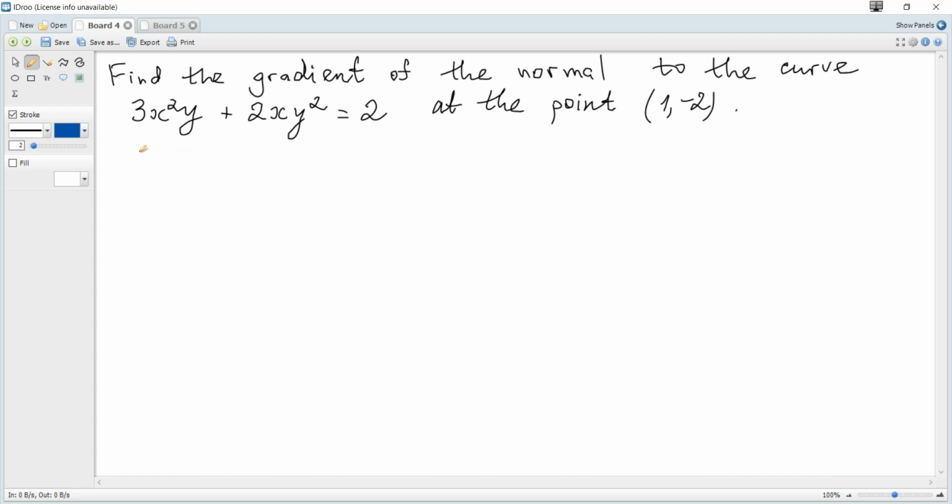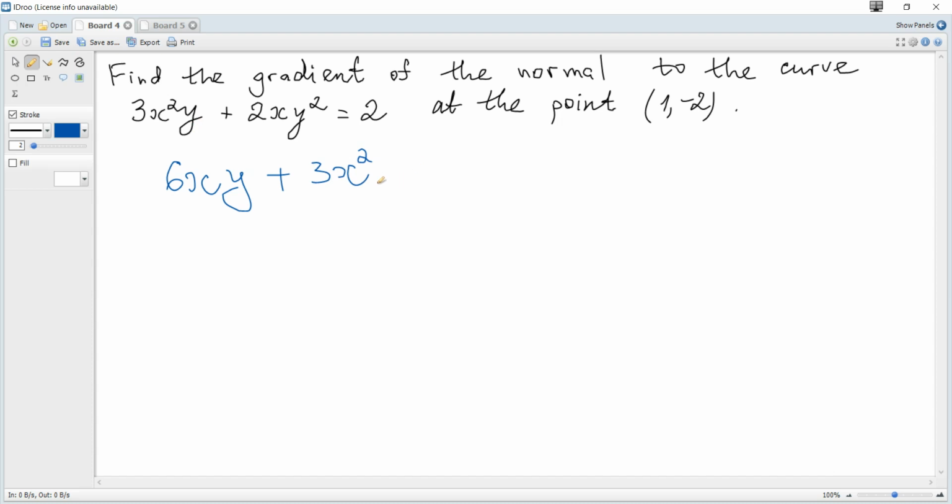So we just differentiate both sides, and here we can see a product, so we apply the product rule. It becomes 3x squared derivative, it's 6x, multiplied by just y, plus 3x squared and y derivative.